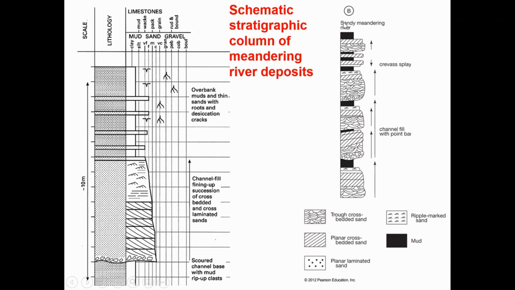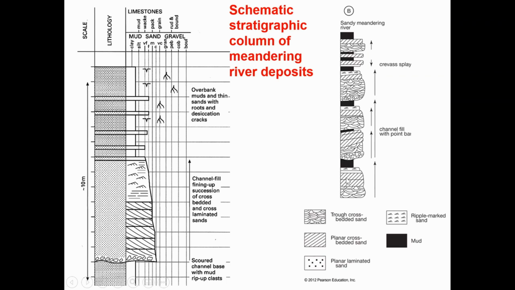Here on this side, it shows a stratigraphic column of a meandering river. This shows the meandering river channel meandering back and forth like this, and there is some crevasse splay deposition as well within the floodplain deposition.